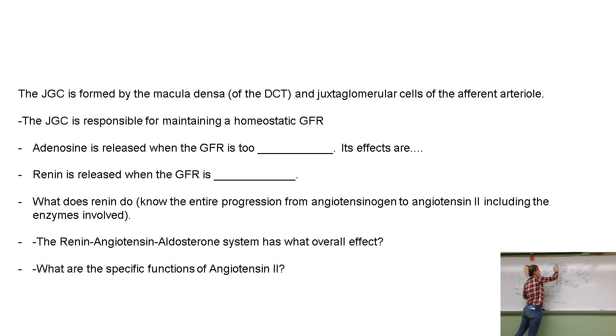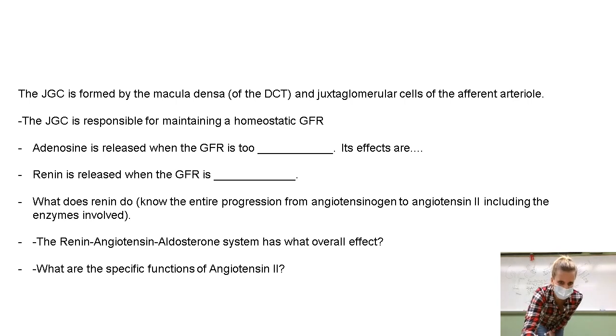So there's part of the tubule right here where the cells are different, where the cells end up looking really clustered together, really crammed together. And those are specialized cells, the macula densa. So the parts of the afferent arteriole right here, and the cells of the macula densa from the DCT, together give us the juxtaglomerular complex.